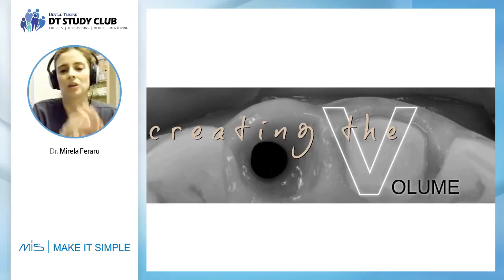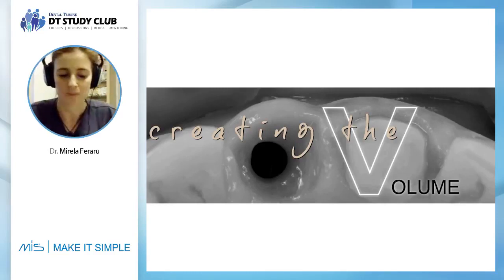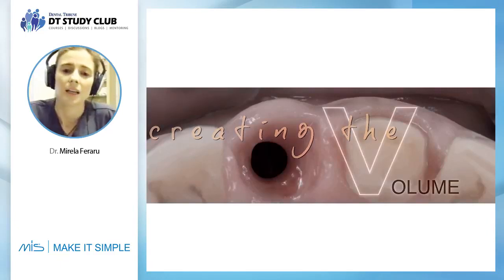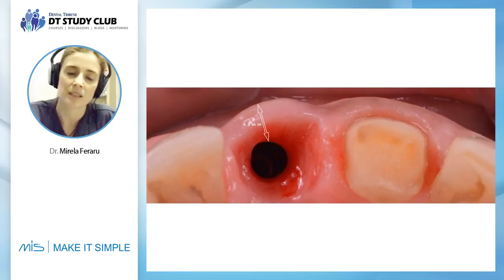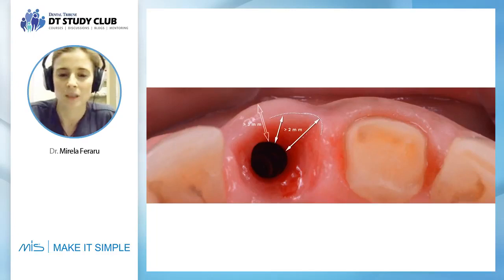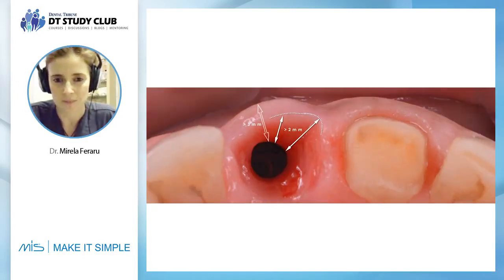But we are talking about creating a certain volume. And for that, we usually define in terms of numbers that we need to have at least 3 millimeters buccally to the implant and approximately 2 millimeters interproximally.